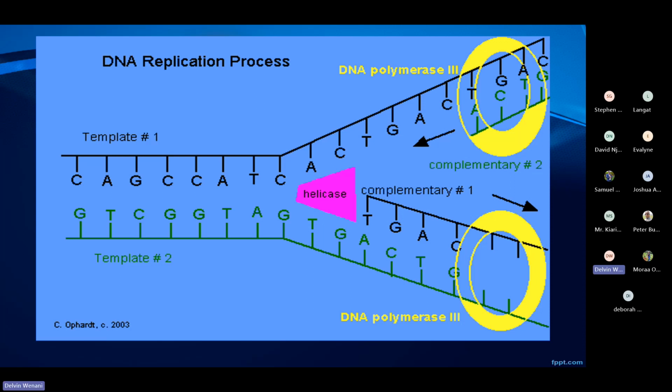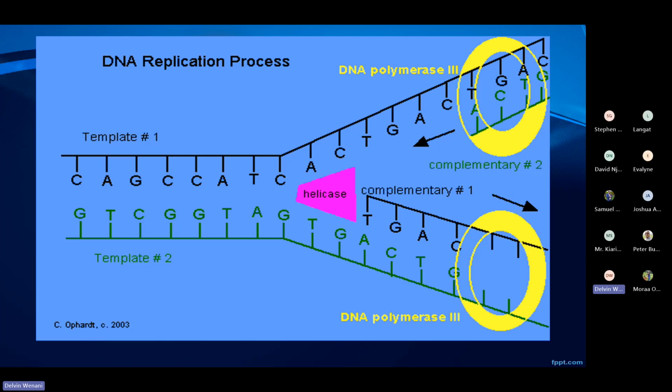DNA 1 will form an independent DNA, and perhaps the process of replication may take place again. DNA 2 will also form an independent DNA strand, and the process shall proceed again. So that is how replication occurs.